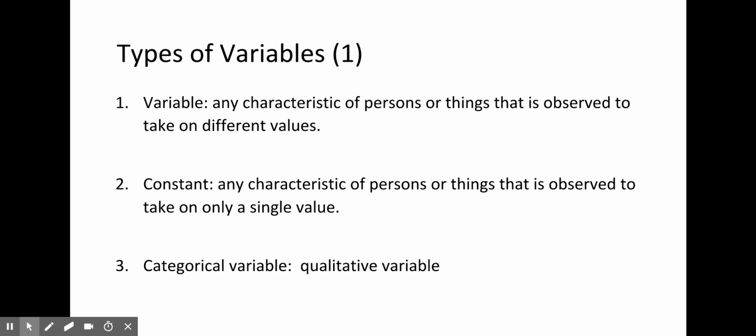So here I try to explain what we mean by variable. A variable is any characteristic of a person, thing, or subject in your research that has different values. If a characteristic has the same value, we call it a constant.